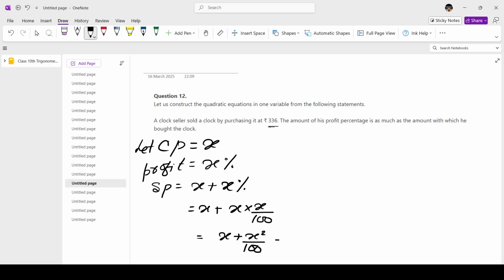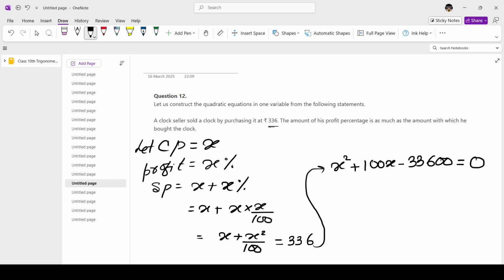And this is given in the question, so after solving this will become a perfect square, and zero, zero.